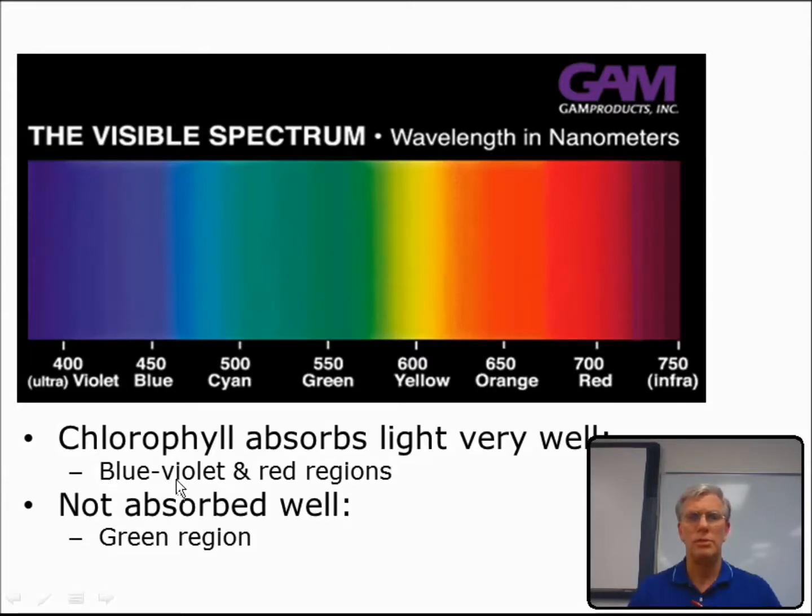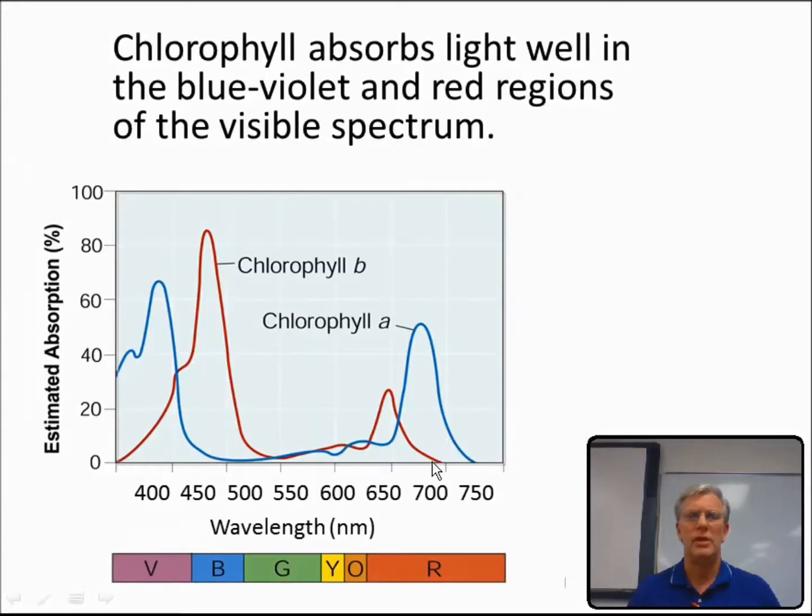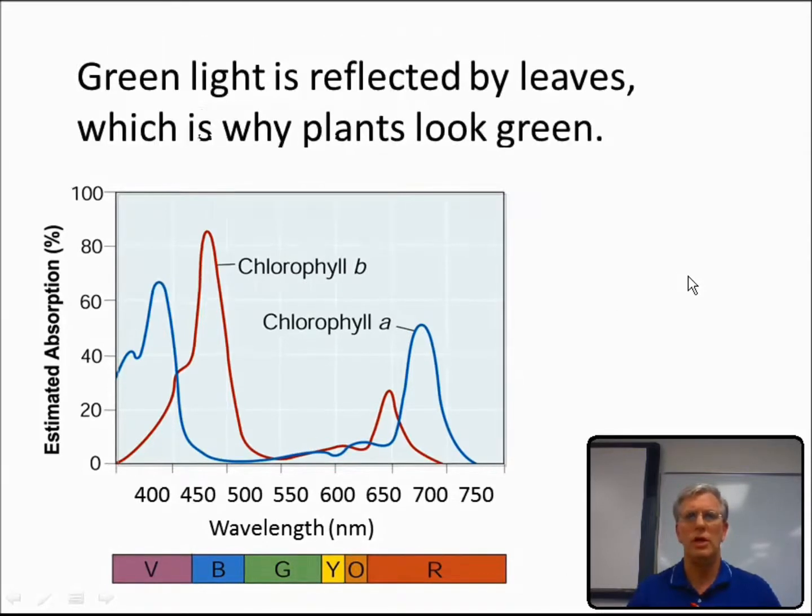So it absorbs the blue and the red very well, but not the green. The green is reflected. All right, this graph shows again chlorophyll A and chlorophyll B. Both are absorbing the blue part of the spectrum and the red part of the spectrum very well, but not so much the green. So chlorophyll absorbs light very well, and the reason that plants appear green is because of chlorophyll reflecting the green.